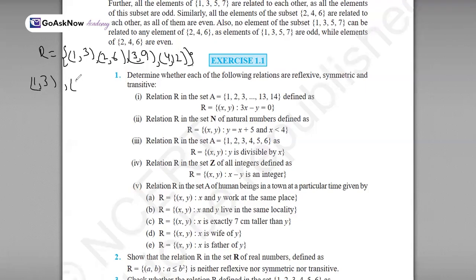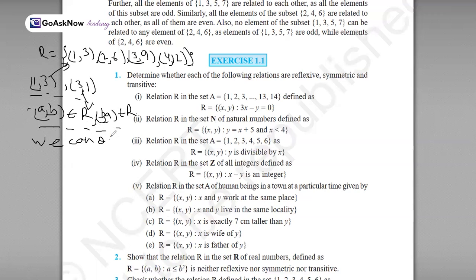No, these are not there. 1 comma 3 is there, but 3 comma 1 is not present in relation R. For symmetry, you already know that if a comma b belongs to relation R, then b comma a must belong to relation R. That is not followed here. So the relation R is not reflexive and not symmetric also.